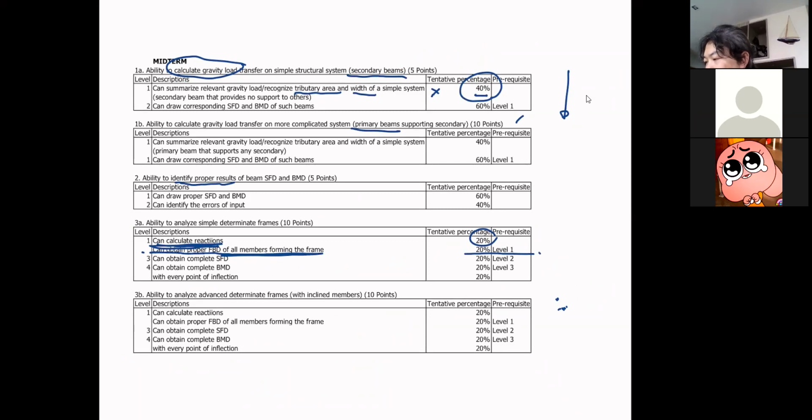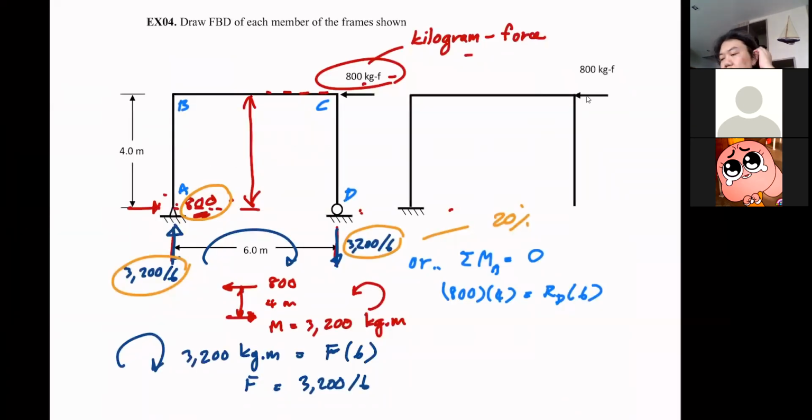So let's say some of you get the free body diagram of member AB correct and then go on to complete the shear force and bending moment diagram of member AB, but then you mess up the free body diagram of member BC. I cannot give the points on the shear force and bending moment diagram of member AB at all, because your level of ability is not beyond the construction of the free body diagram.